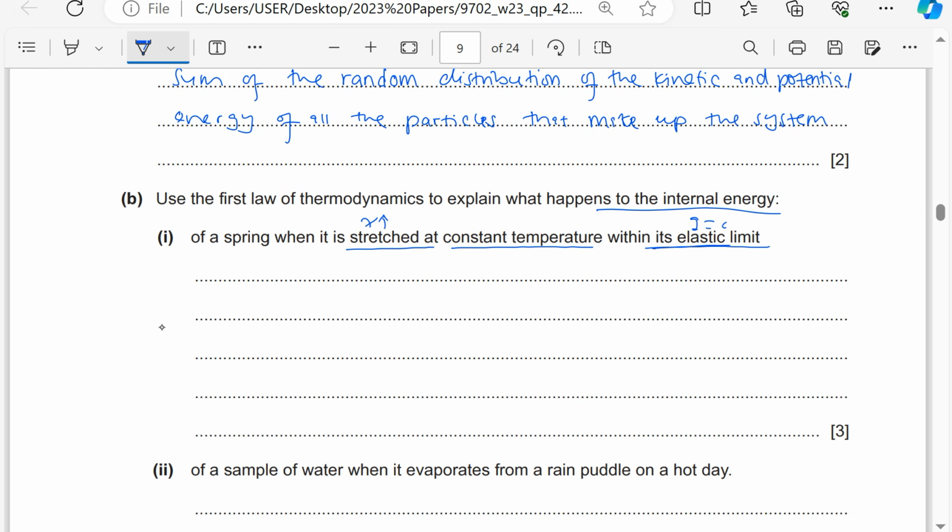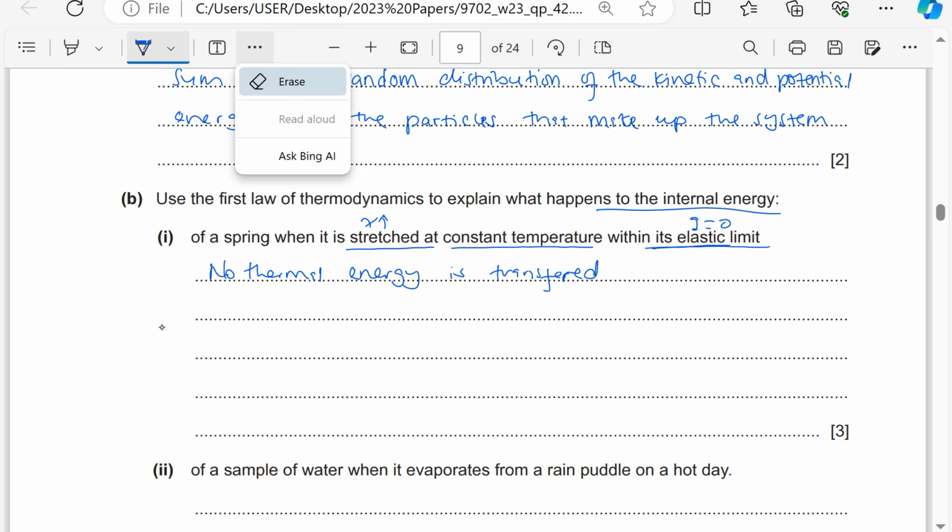So Q is zero, no thermal energy is transferred, because we have not gone into plastic deformation. I think transferred is double R. No thermal energy is transferred.